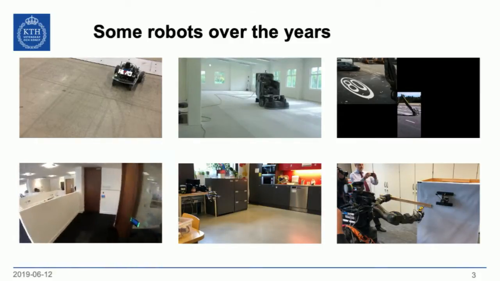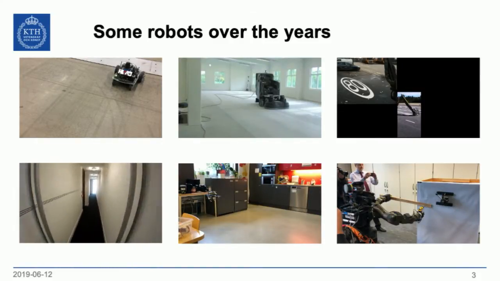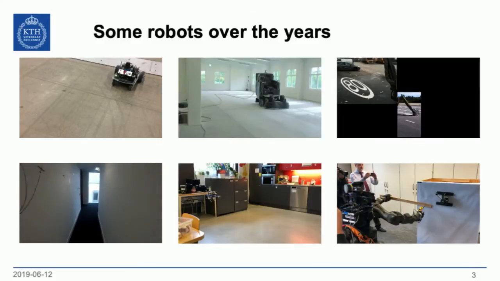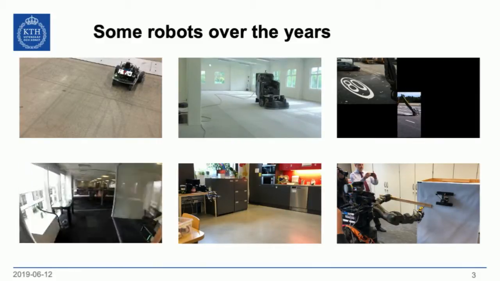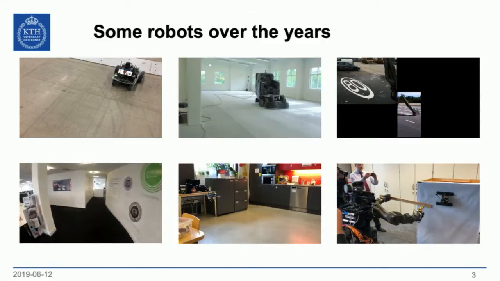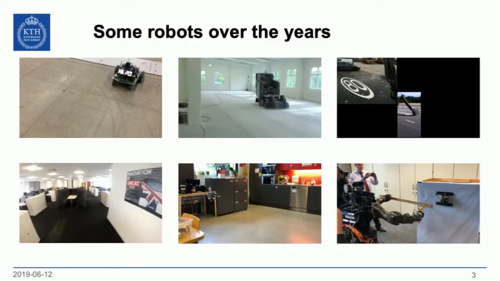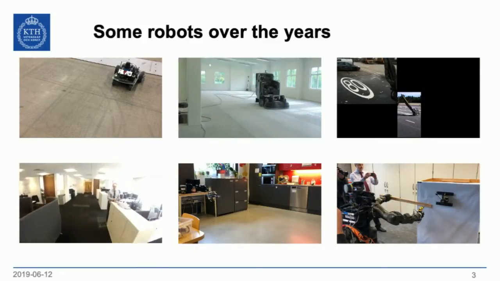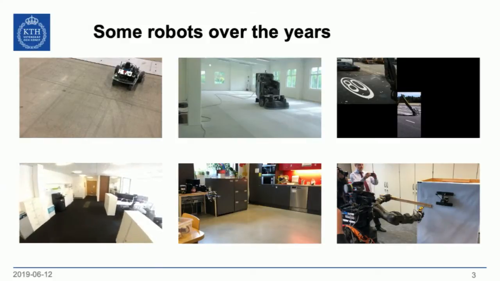This is a robot that moved around in an office building in the UK, not really doing much else than just patrolling around and looking for new objects in the environment that it tried to learn models about, and then it used crowdsourcing to get help from people to say what this thing is so that it could extend its knowledge about the environment.